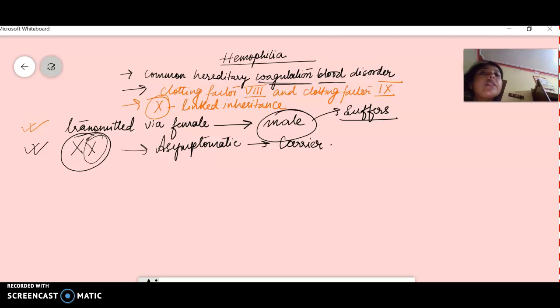So you understand that it's a bleeding disorder, and depending upon the severity of the disease, you have different severity of bleeding. And from the genetics of hemophilia, we know that it is more common in males than in females.